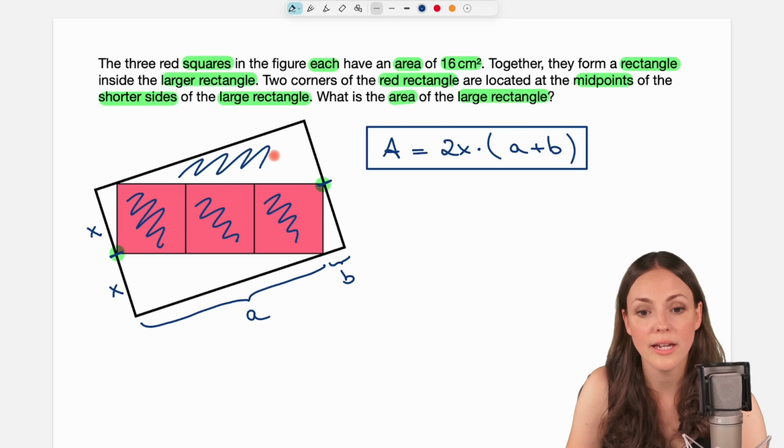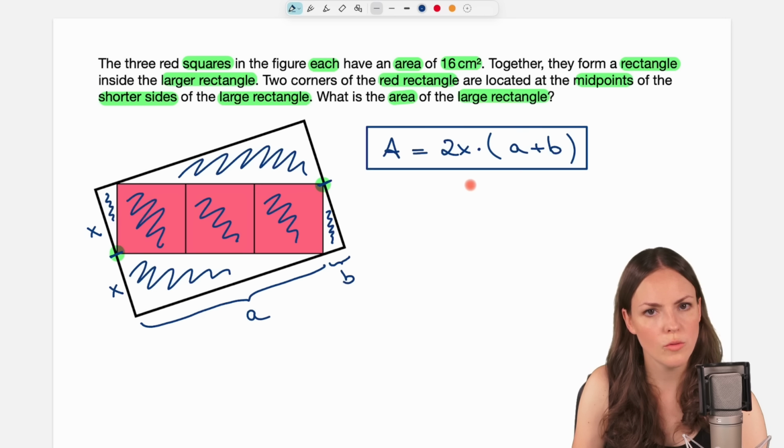And here we have a triangle, and here we have another triangle. Here is a small triangle, and here as well. So we can use these geometric shapes to find the area of this rectangle as well.